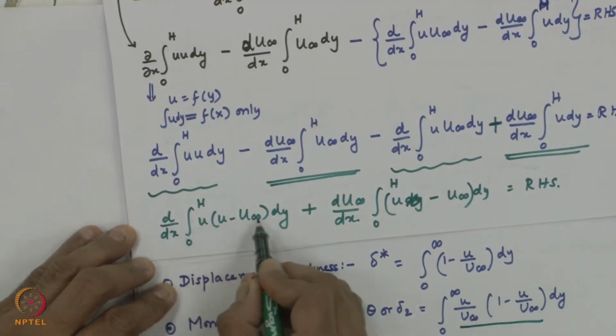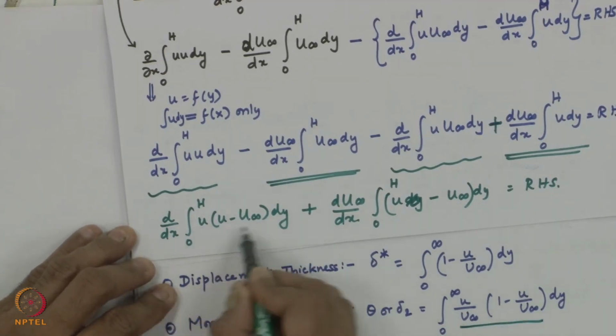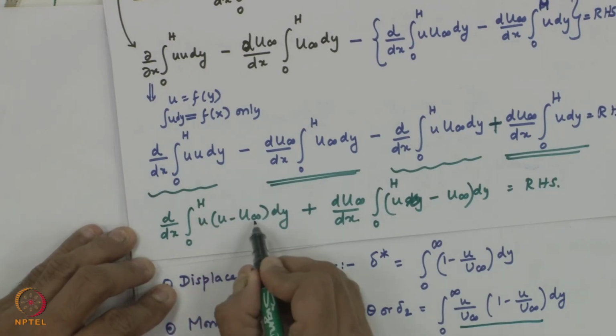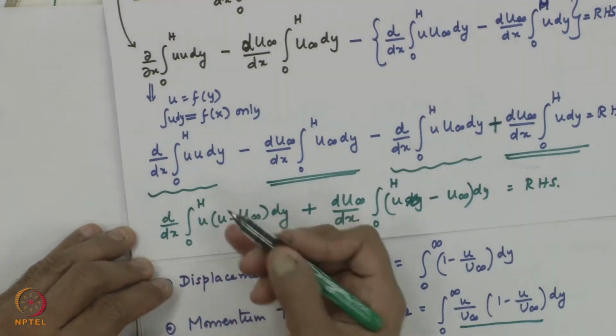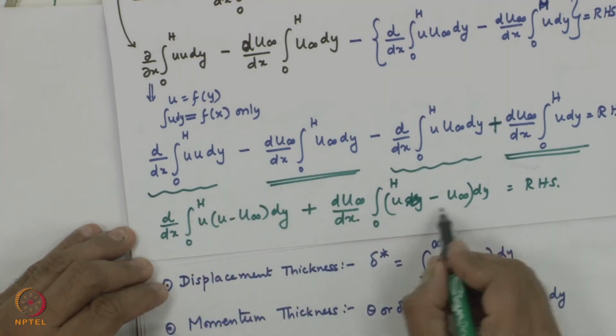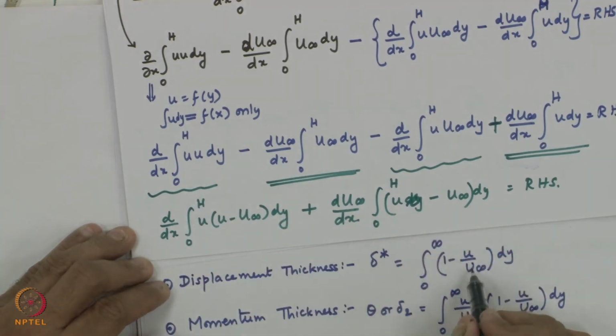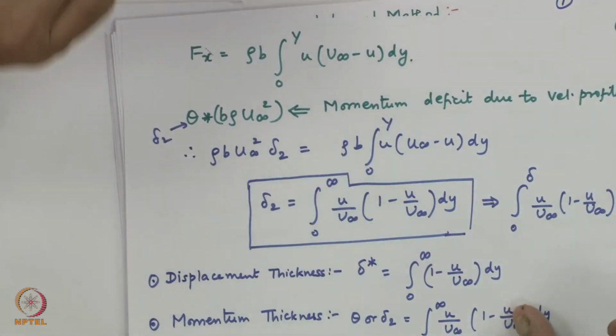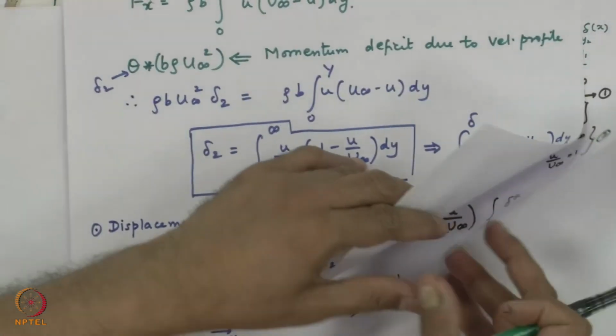So, if I divide both these terms by u infinity squared, I will absorb one u infinity here, another in this bracket. I can't just divide, so I have to multiply also. Here I divide and multiply by u infinity such that I get the displacement thickness. That is the manipulation I am going to do.